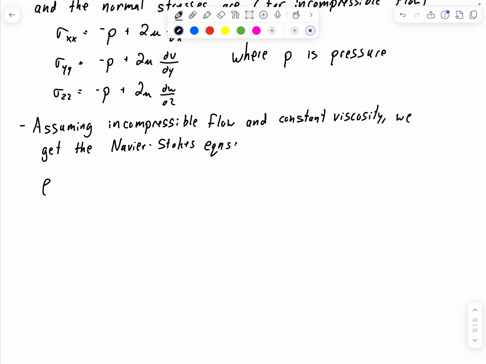So here we're writing down the acceleration term on the left-hand side this time.